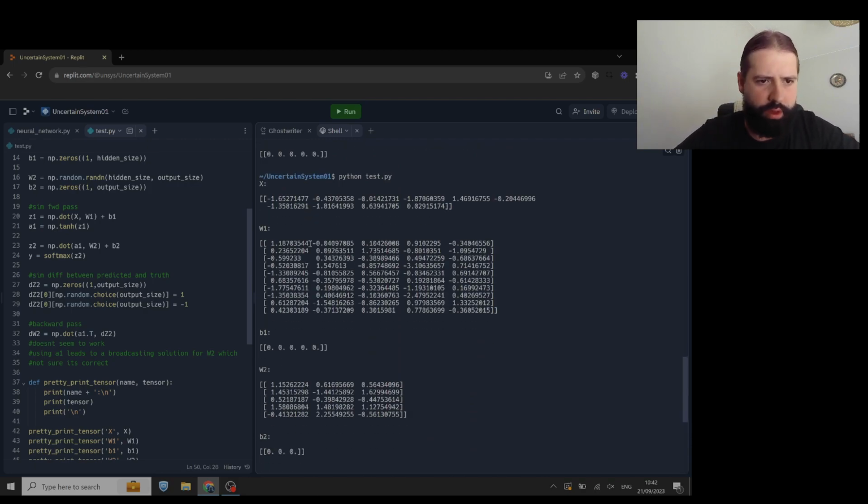So what the forward pass is doing is the whole operation. So forward pass is doing Z1 and A1 calculation. X is of size 10. It's 1 by 10. And this is basically 10 by 5, right?